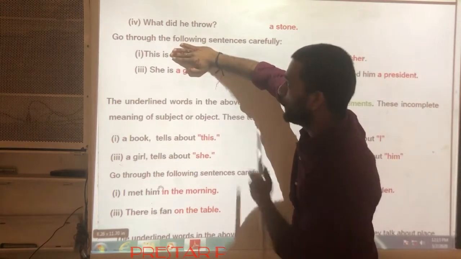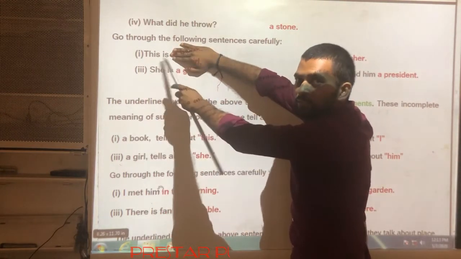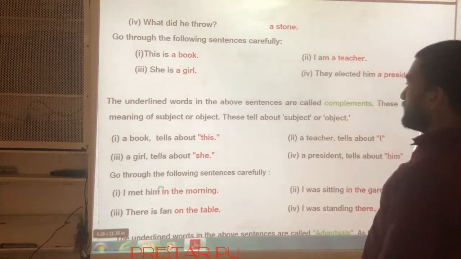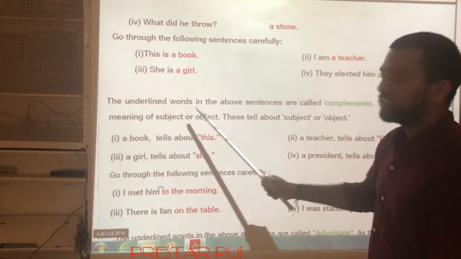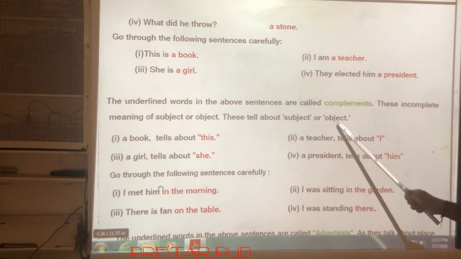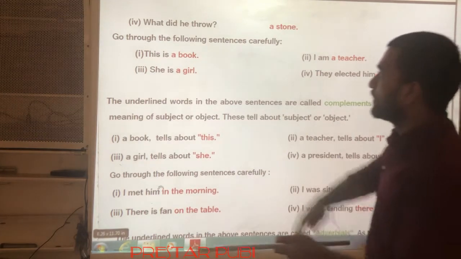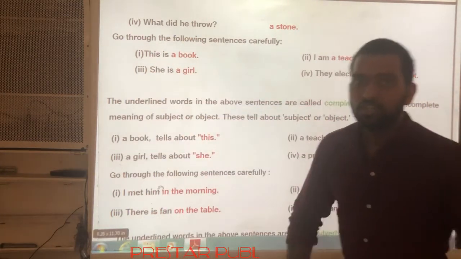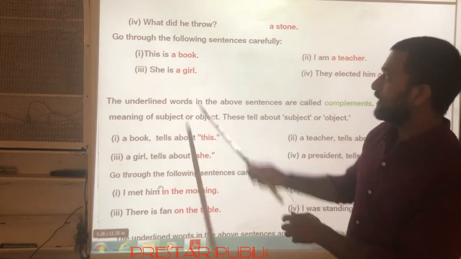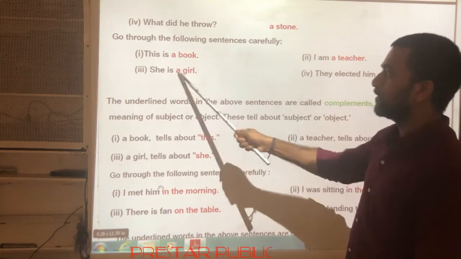If we remove "a book", then there is no meaning. So, these words tell about the subject or object. It means, when we add some word to the sentence, then it gives the complete meaning. So, these types of words are called complements.